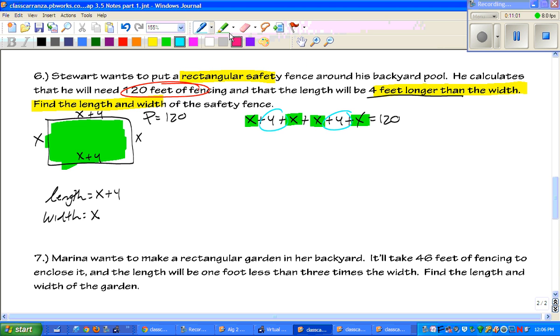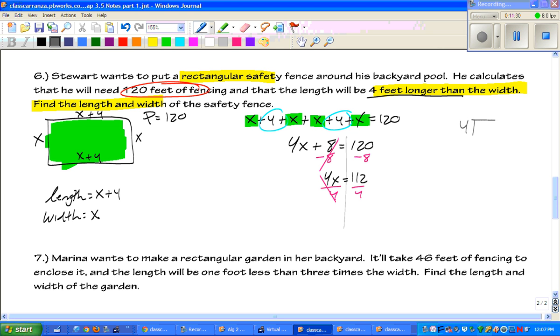Let's add up everything that's the same. You get 4x plus 8 equals 120. And now all we do is solve for x. Subtract 8 to both sides. We get 4x equals 112. I divide both sides by 4.